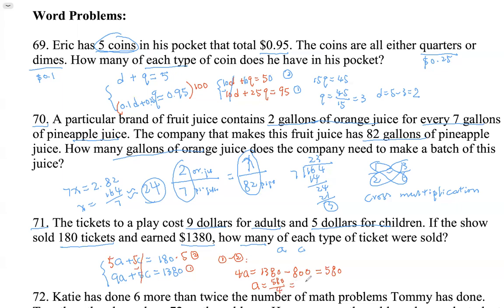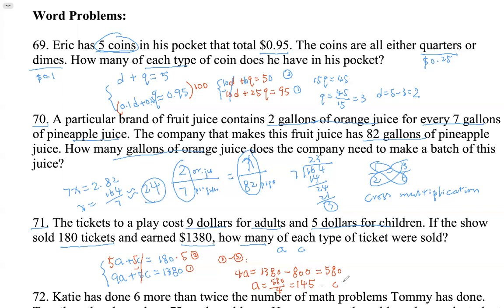Well, 580 divided by 4, let's see if we can divide it evenly. Yes, we could, right? 5, that's 1. Then we have 18. 18, we can do 4. 4 times 4, 16. We have 20, 145. So 145 adults.